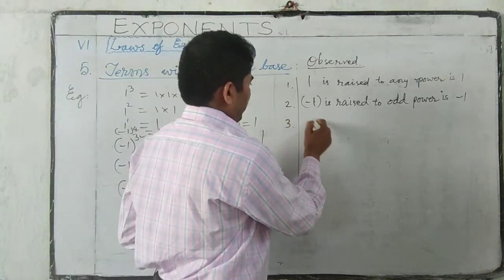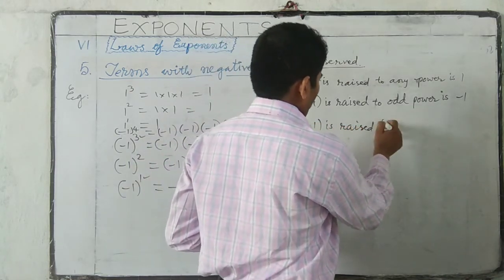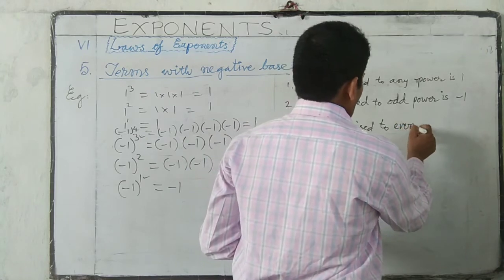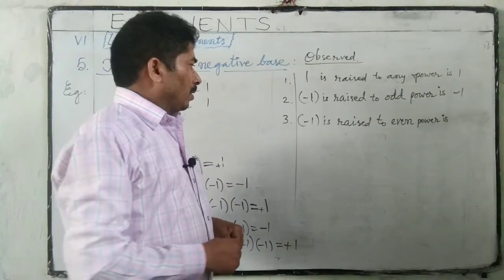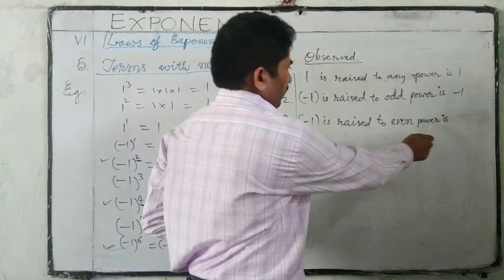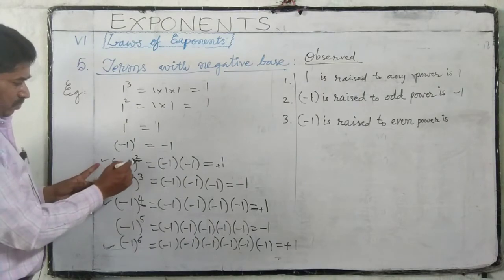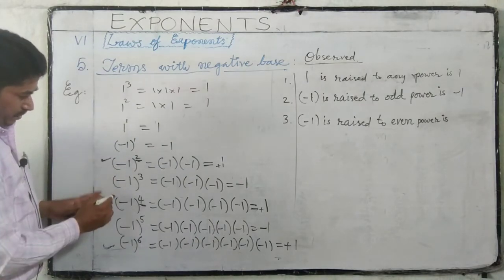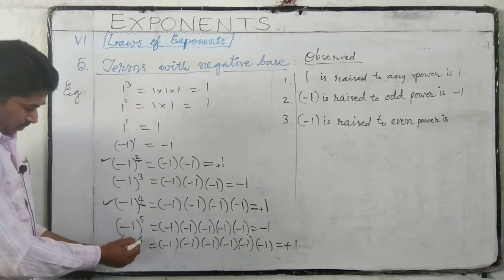Next, minus 1 is raised to even power is, minus 1 whole to the power of 2, even power, minus 1 whole to the power of 6.